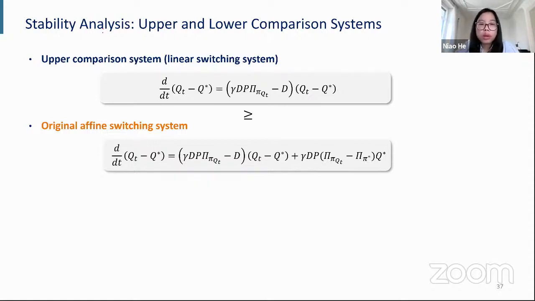Which we know how to prove the asymptotic stability for. And for this linear switching system, you can show that this affine term here is always less than or equal to 0.